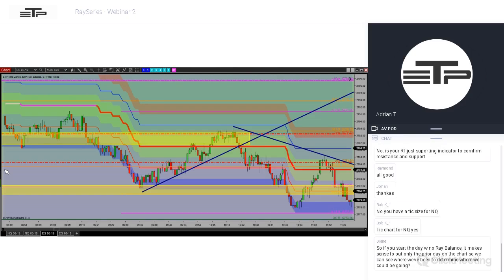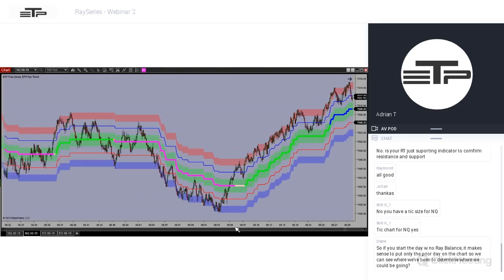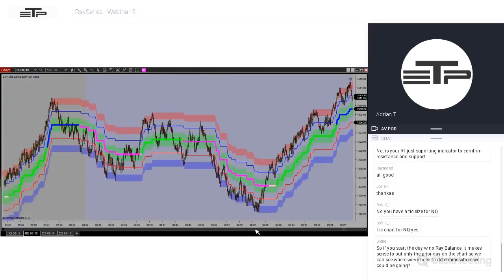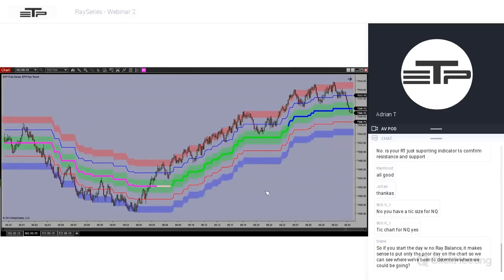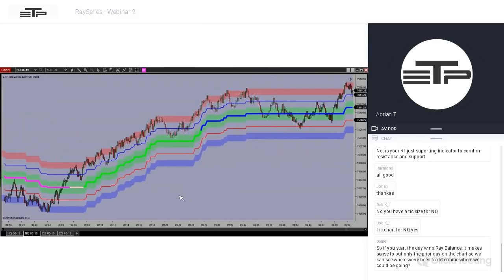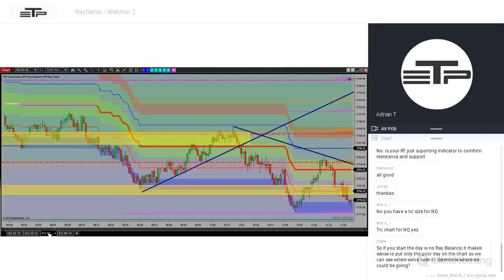Oh, tick chart for NQ. We use the 150 tick charts, and the 48 works on the 150 tick charts as well. But as you can see, NQ is a little bit more chaotic than the ES. Okay.